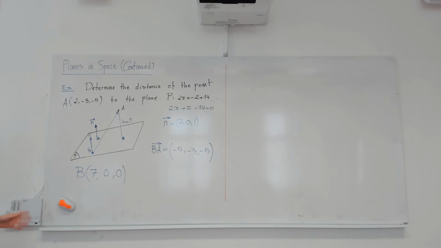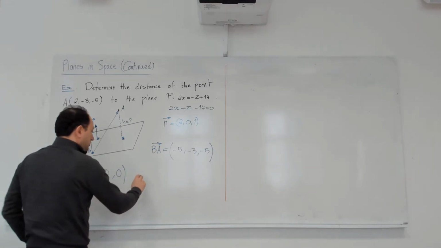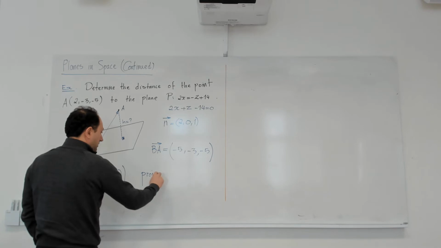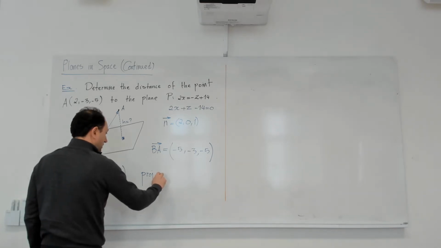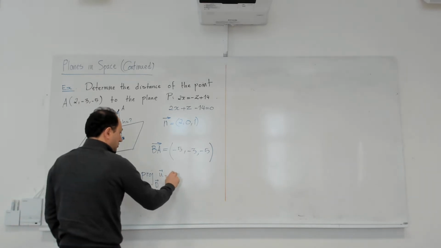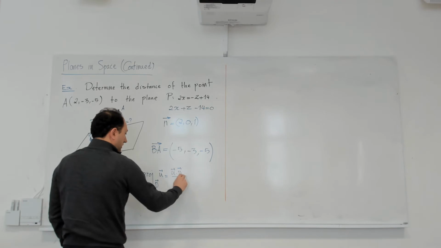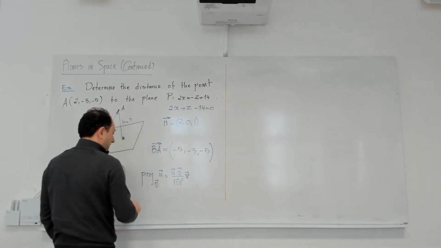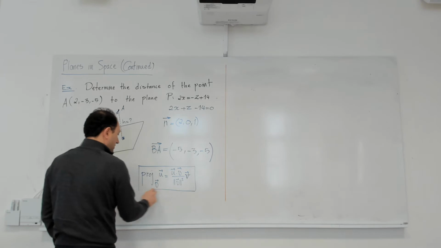Then if you have forgotten, I can tell you the projection of any vector, so let me write the formula here for you. The projection of vector U on vector V, we had this before, is U dot V divided by norm of V squared multiplied by V itself. So that is the formula for the projection vector.